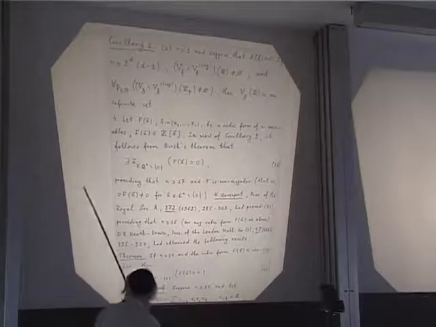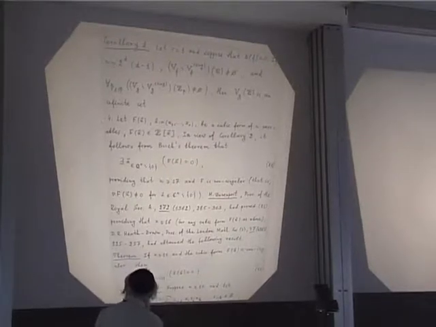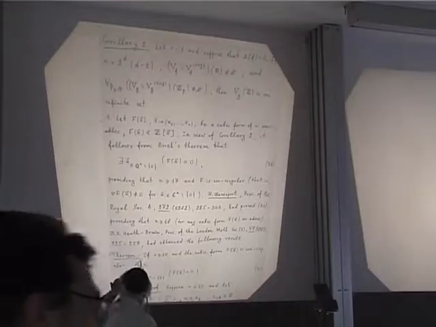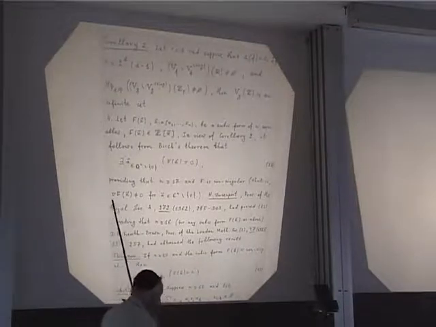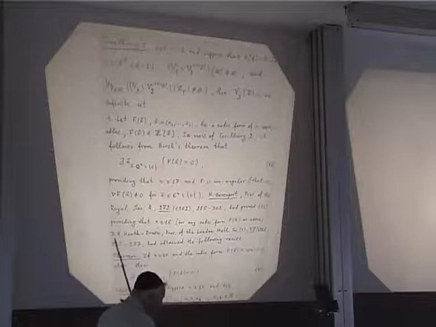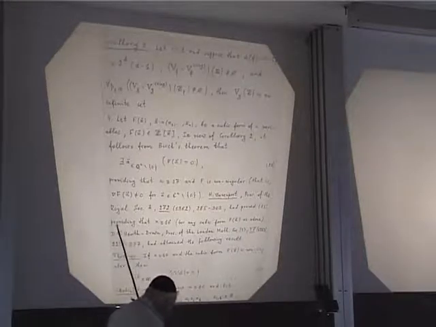Namely, when you take d equals 3, you get that a non-singular cubic form of at least 17 variables represents 0 non-trivially.